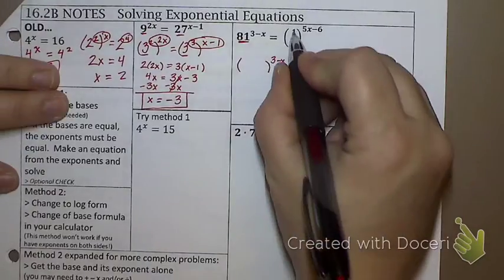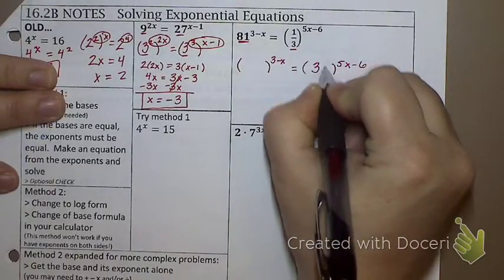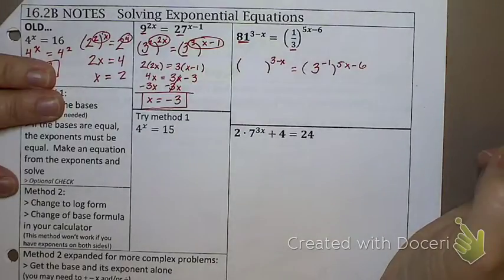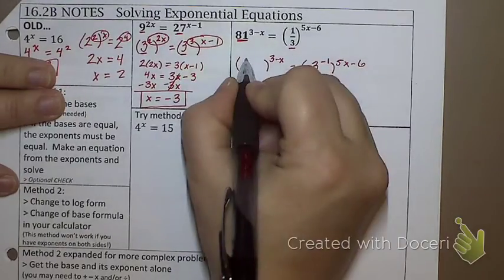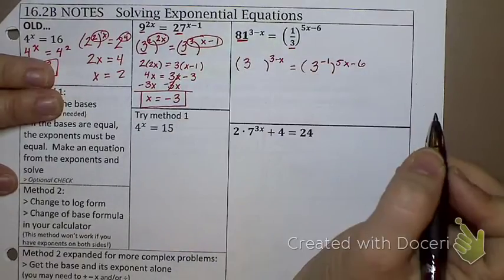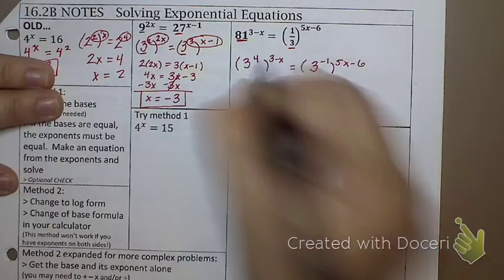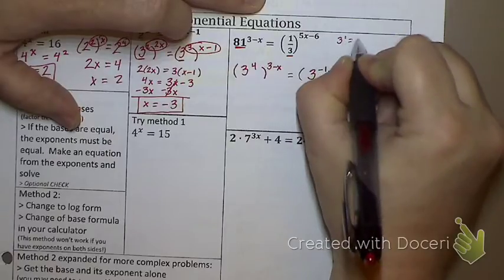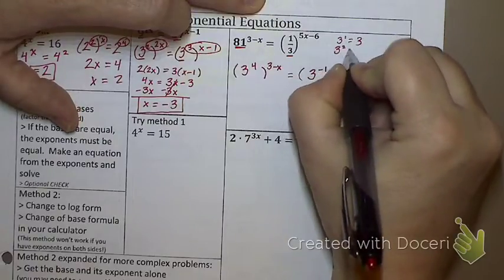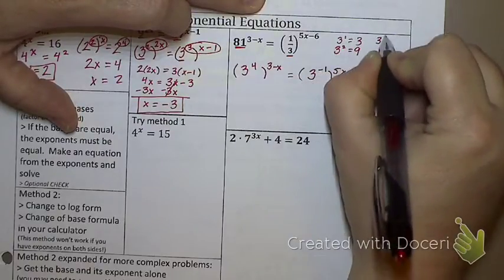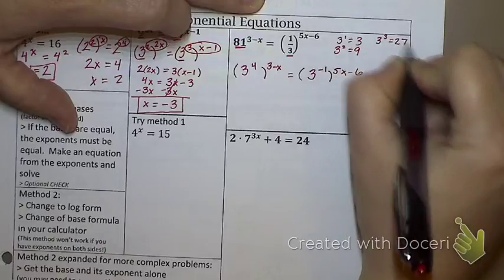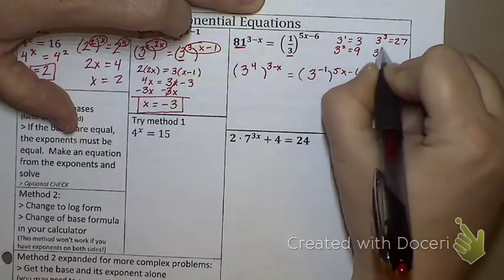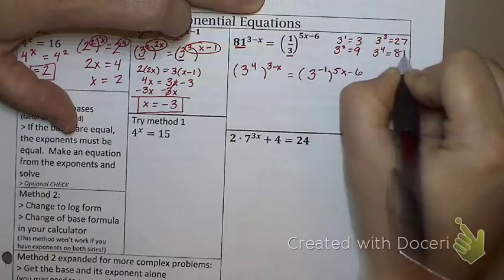I know that 1/3 is 3 to the negative 1 power. 81 is what? 3 to the 4th power, because we know 3 to the 1st is 3, 3 to the 2nd, 3 to the 3rd, and then if I multiply that by another 3, I get 3 to the 4th is 81.